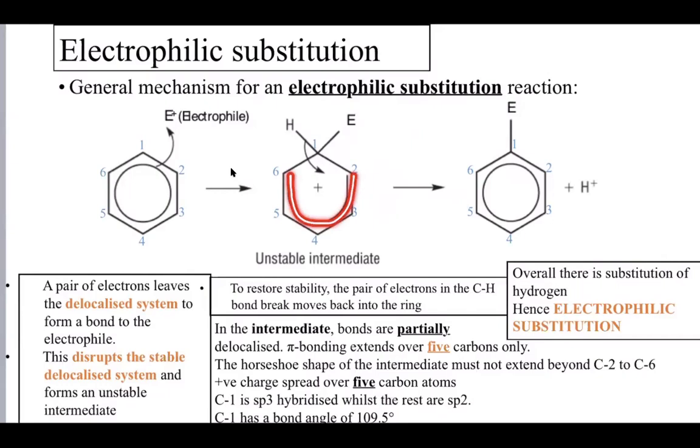So I repeat, here your electrophile is sitting on carbon 1, so your delocalization is only from carbon 2, 3, 4, 5, and 6. That's why carbon 2, 3, 4, 5, and 6 are all still sp2 hybridized. They are still agreeing with the delocalized system, except carbon number 1, which is sp3.